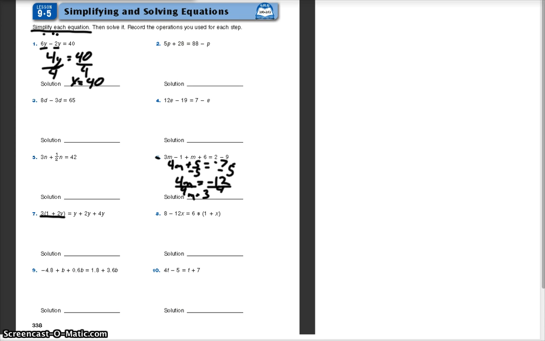The next thing is that we also have variables on both sides of the equation. We want to get a variable just on one side. So that would be our next step. After we distribute and we simplify, we just want to get a variable on one side. So that means that you've got to subtract, just like we did right here with the 5, how we subtracted 5, you would want to subtract or add the number variable to the other side.